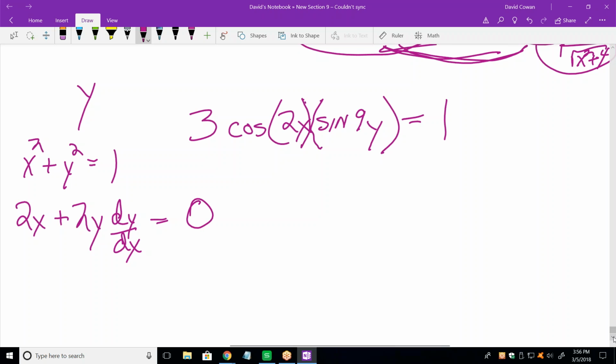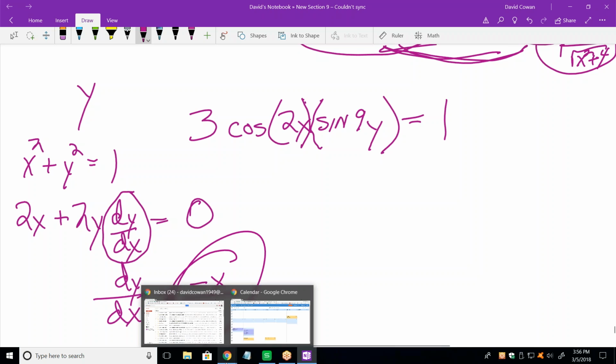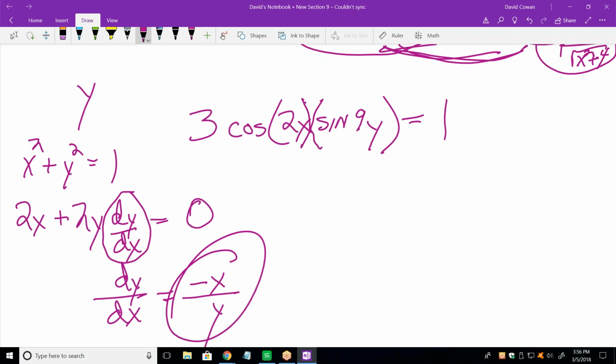Now, notice what happens. If I algebraically solve for dy/dx, I get minus x over y. That's my answer. So when you implicitly differentiate, you frequently get an answer that's not in terms of x alone, but in terms of x and y.